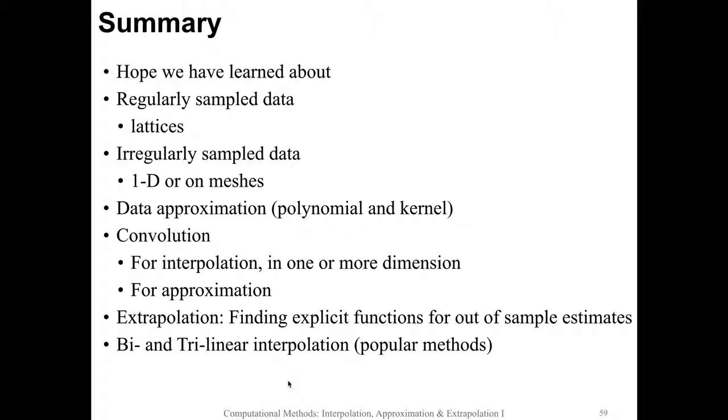We've looked at convolution for interpolation. We've done it also in more than 1 dimension. And we've also looked at convolution as a way of viewing the process of approximating data. And we briefly looked at also extrapolation, where we actually find explicit functions based on our measurements to give us out-of-sample estimates. And bilinear and trilinear interpolation are popular methods for higher dimensions.